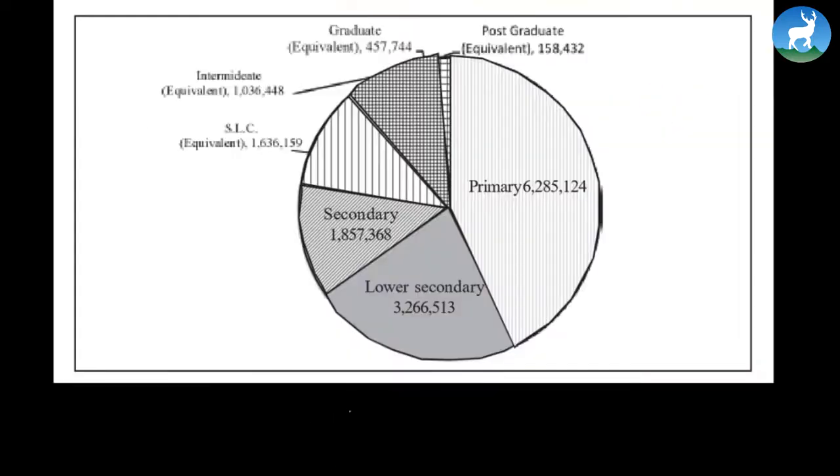This is the pie chart that we have, and it shows the population of Nepal in terms of educational level. We can simply say that most of the people study primary level, then lower secondary level, and then secondary. Very few people compared to those who attend primary level pass the SLC examination, followed by another small chunk of people who go through intermediate level, and a very small population who opt for graduate studies, followed by a handful of people.